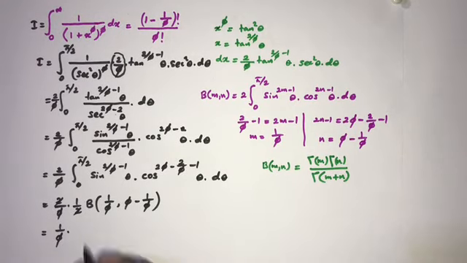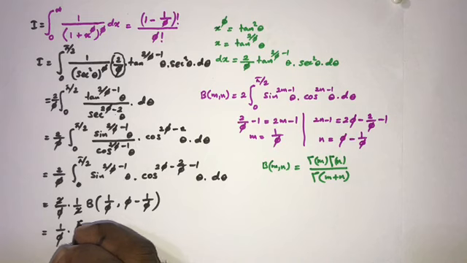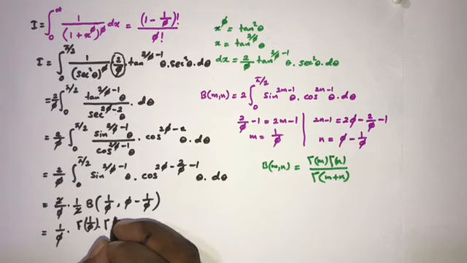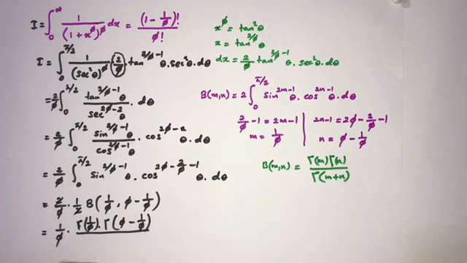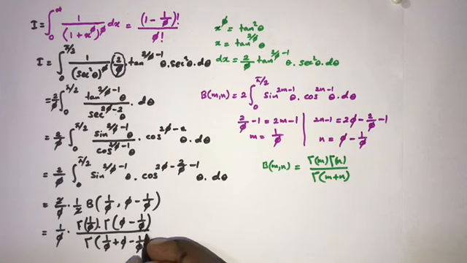So we can write here gamma of 1 over 5 times gamma of 5 minus 1 over 5 over gamma of 1 over 5 plus 5 minus 1 over 5.